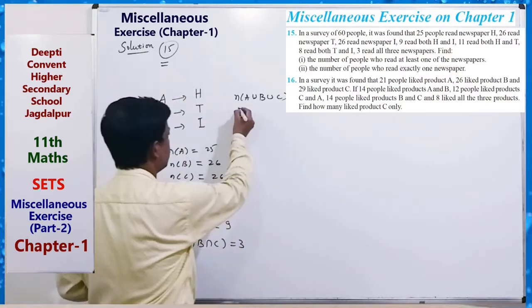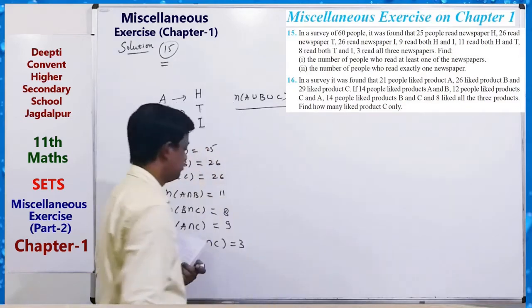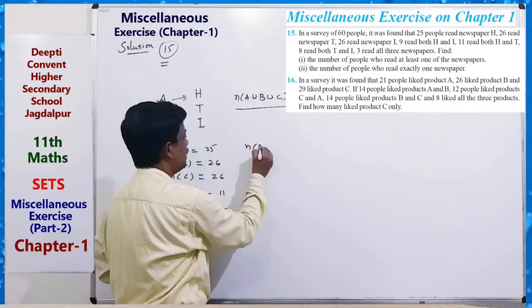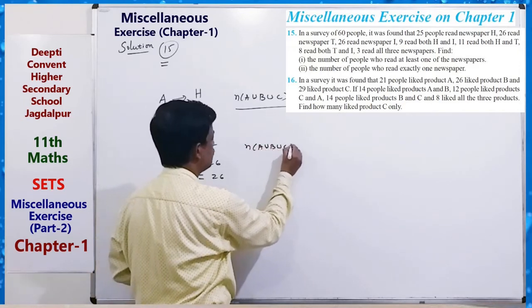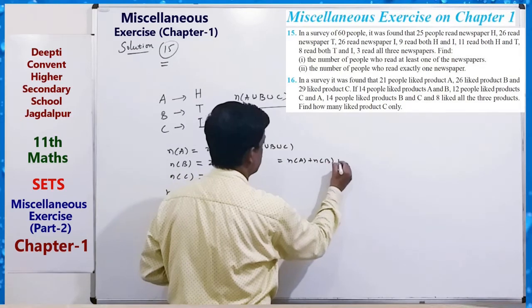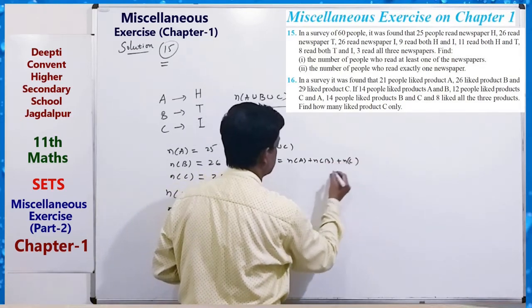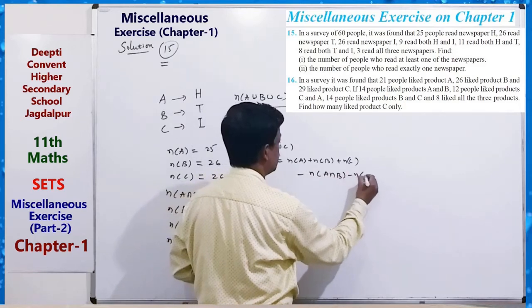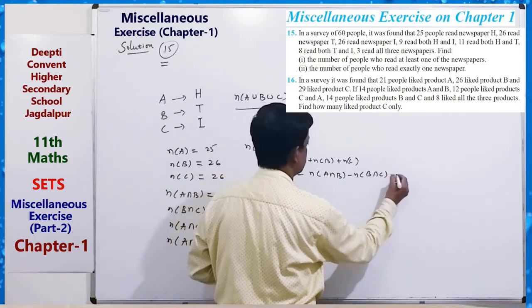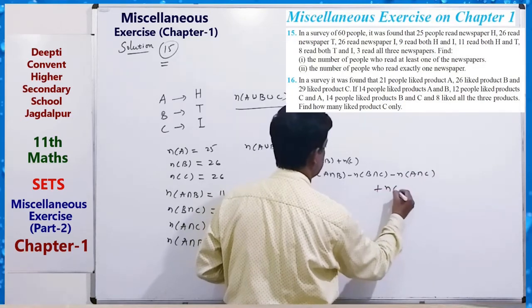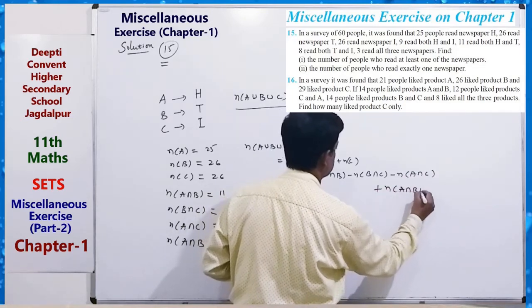So for finding this we use the formula: n(A union B union C) equals n(A) plus n(B) plus n(C) minus n(A intersection B), n(B intersection C), n(A intersection C), plus n(A intersection B intersection C).